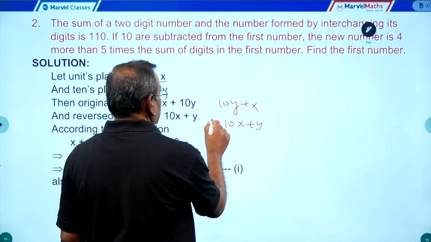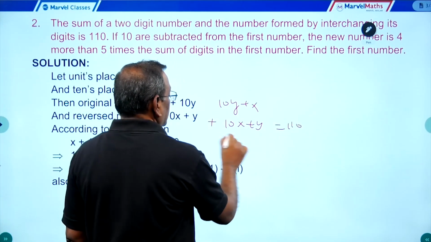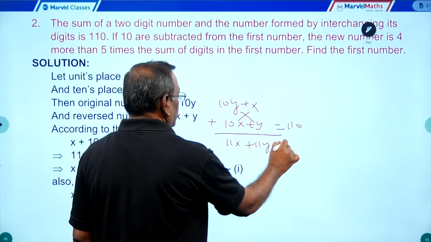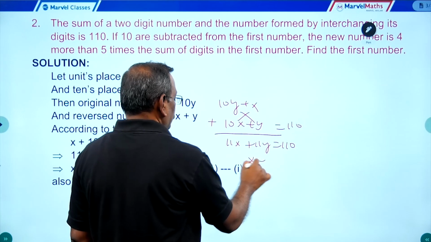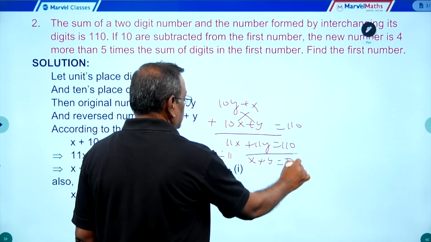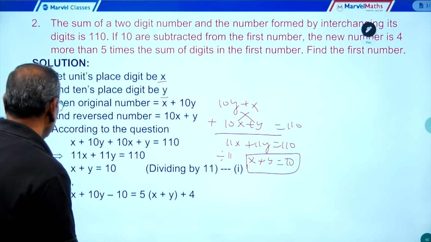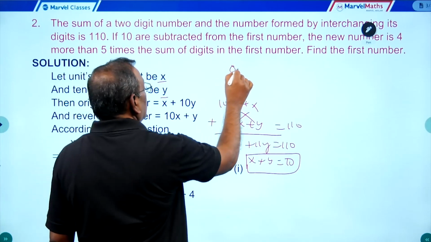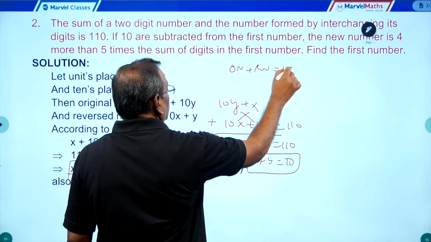Sum of these two equal to 110. If you add, 11x plus 11y equal to 110. So divide by 11. If you divide by 11, x plus y equal to 10. This is the first condition. Sum of the original number plus the reverse number equal to 110.